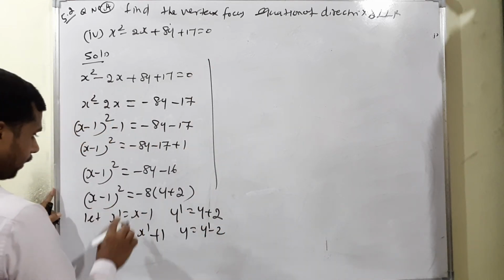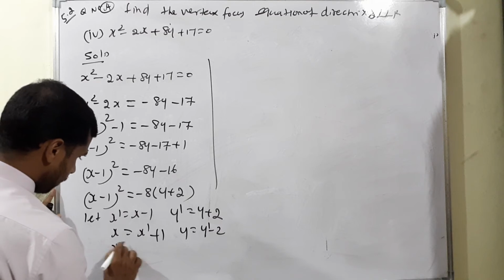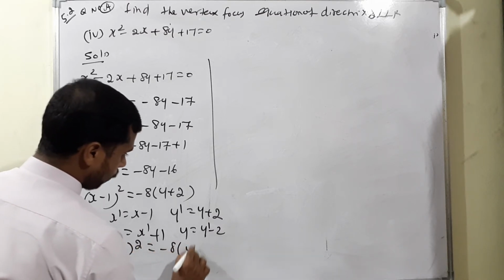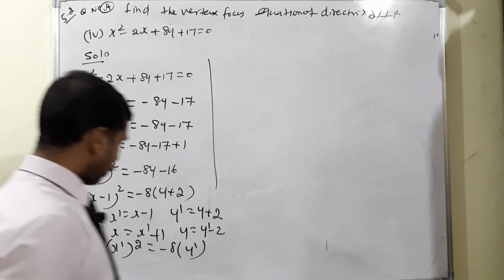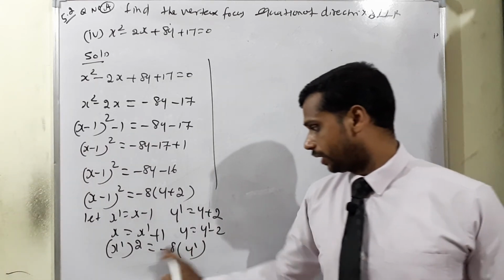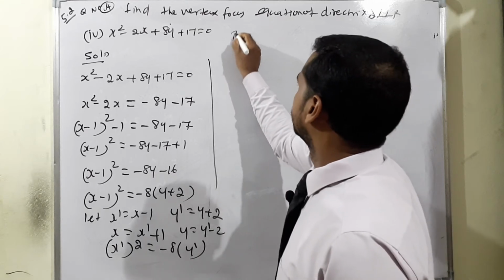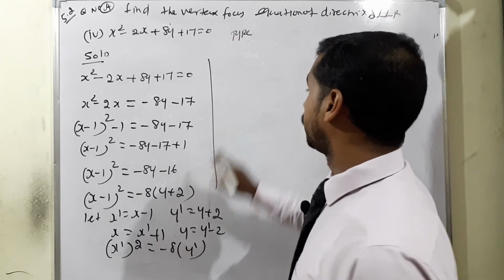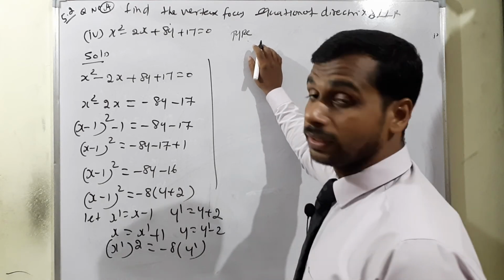So instead of x minus 1, take x dash, meaning x dash the whole square is equal to minus 8 into y dash. So now we can say this is the type x square is equal to negative 4ay.